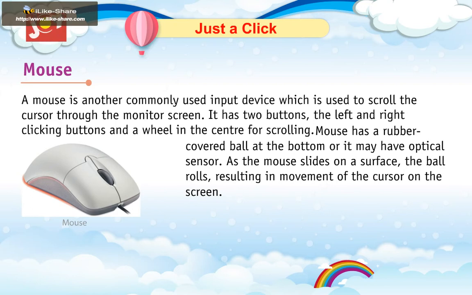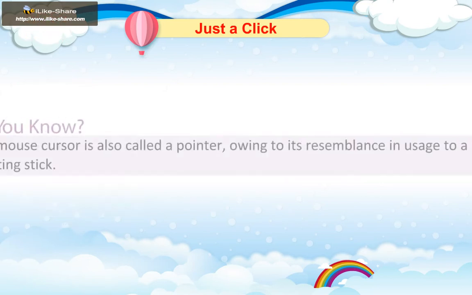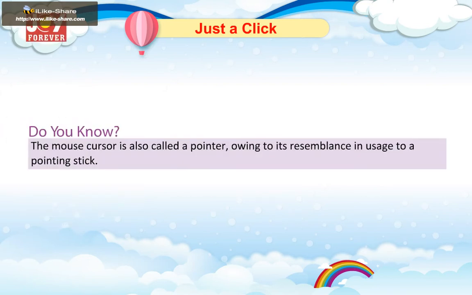A mouse has a rubber covered ball at the bottom, or it may have an optical sensor. As the mouse slides on the surface, the ball rolls, resulting in movement of the cursor on the screen. Do you know the mouse cursor is also called a pointer, owing to its resemblance in usage to a pointing stick.